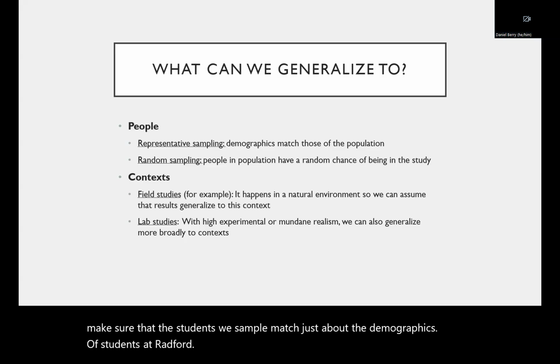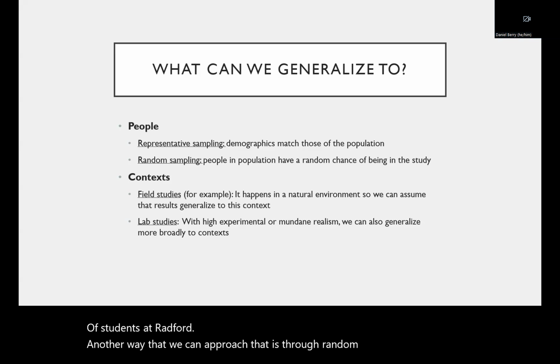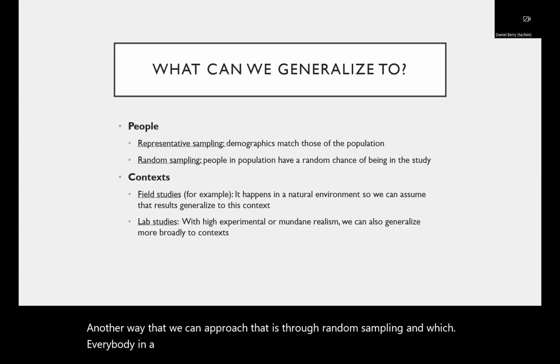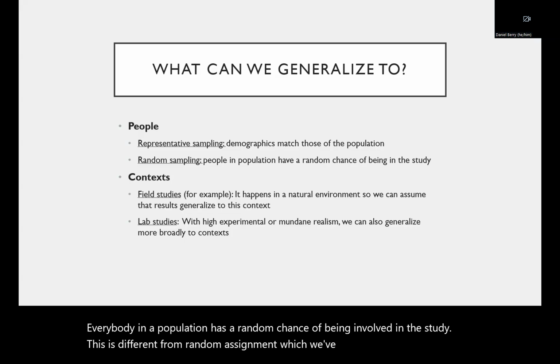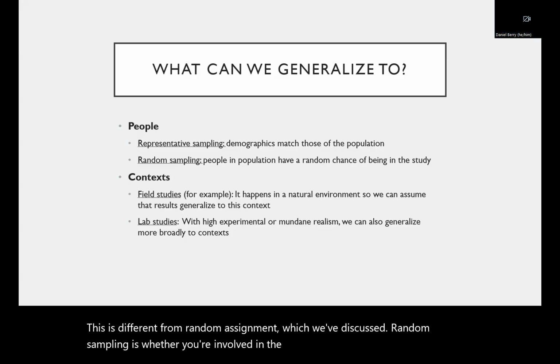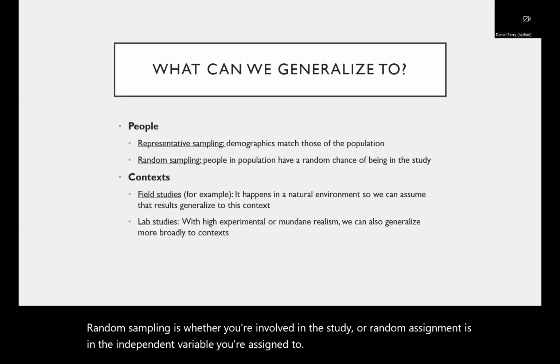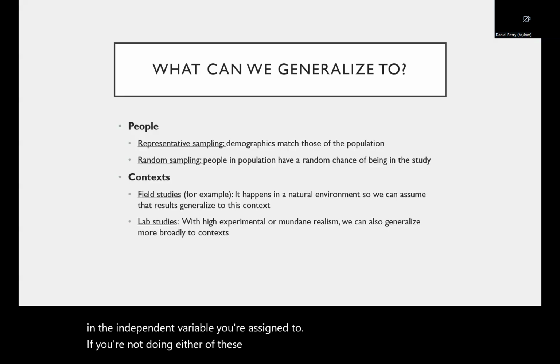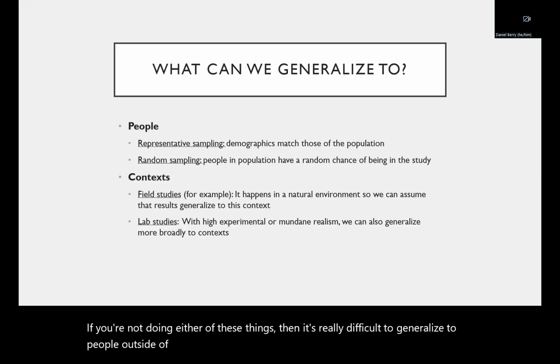Another way that we can approach that is through random sampling, in which everybody in a population has a random chance of being involved in the study. This is different from random assignment, which we've discussed previously. Random sampling is whether you're involved in the study or not. Random assignment is which group in the independent variable you're assigned to. If you're not doing either of these things, then it's really difficult to generalize to people outside of the sample that you're studying.